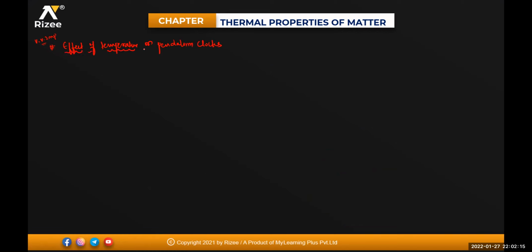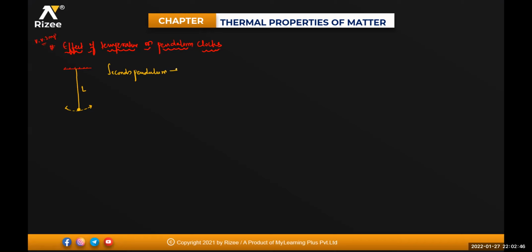Effect of your temperature on your pendulum clocks. Okay, let's see. This is your pendulum, and here there is a small ball which has been oscillating to and fro like this. This is the length of this one, say for example L. Okay, so in this one, in SHM, we come across a term called seconds pendulum.